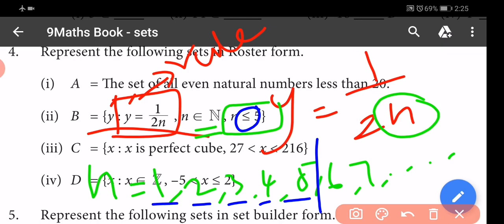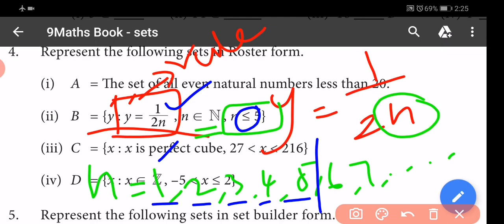So first we take n equal to 1 in the formula y equal to 1 by 2n: y equals 1 by 2.